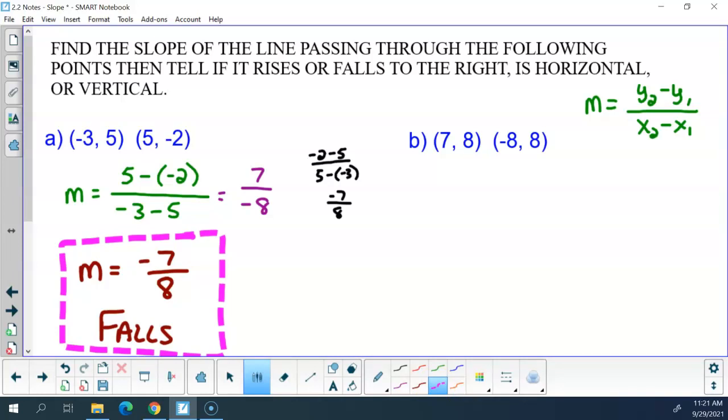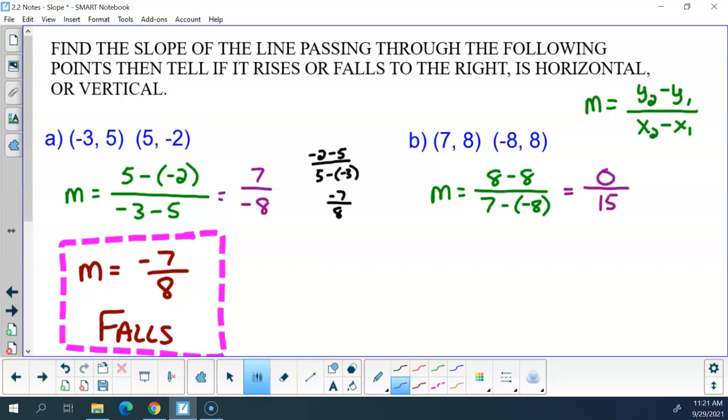Try one more. 8 minus 8 over 7 minus negative 8. 8 minus 8 is 0. 7 minus negative 8 is 15. Slope for this one?